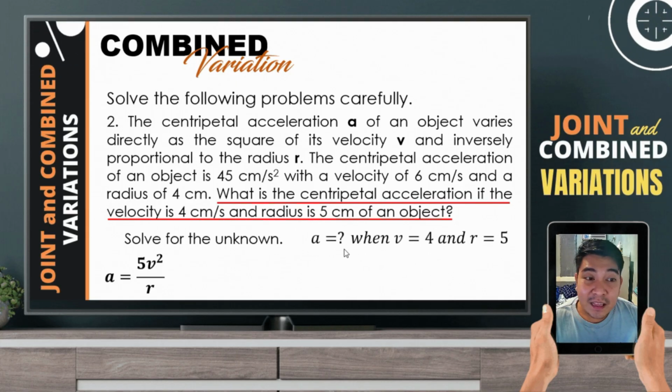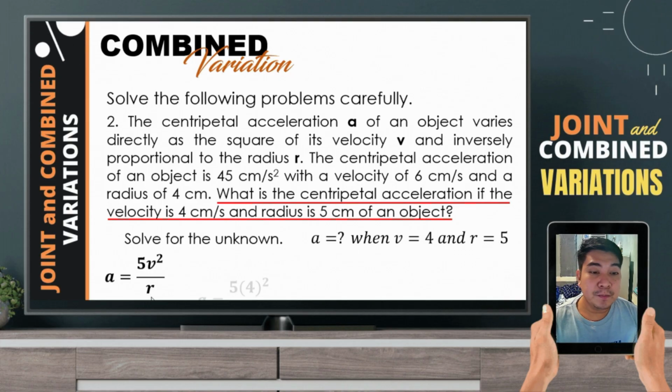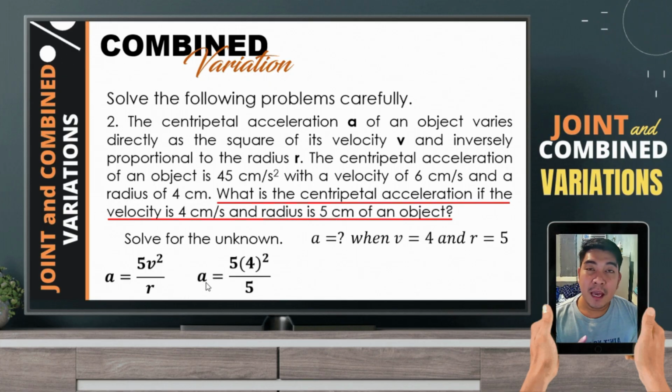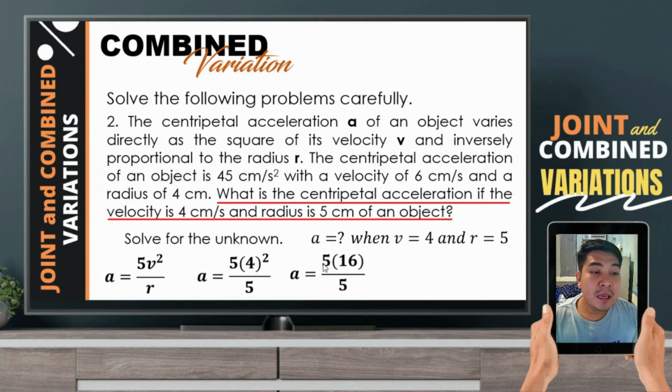So we are to find the value of A, or the acceleration, when the velocity is 4 and the radius is 5 centimeters. Matter of substitution, so A is still missing, so that will be A is equal to 5, the value of v is 4, so that will be 4 squared over 5, which is the value of r. Then, that will be 5 times 16 over 5. Why is it 16? 4 squared, 4 times 4, that will be 16.